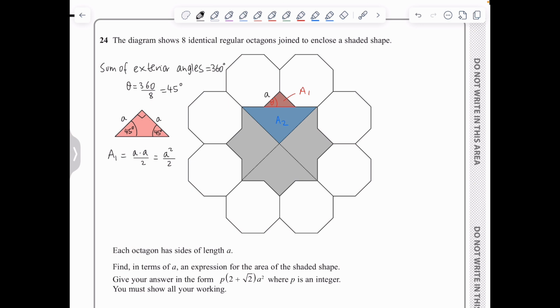The overall plan is to find expressions for A1 and A2, and then multiply them by 4 because I've got 4 identical big triangles and 4 identical small triangles.